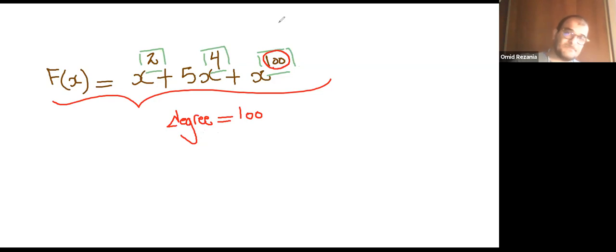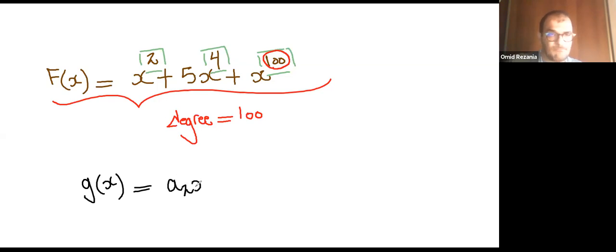As a very last example, in one of your Sigma lab tutorials, you will see that you're working with a function like this, g of x, which is going to be, for example, a2 x to the power 2 plus a1 x to the power 1 plus a0.